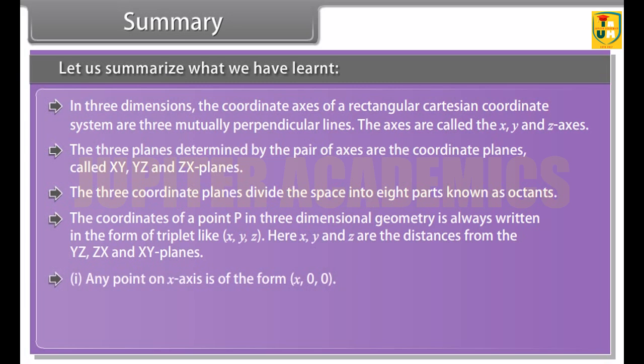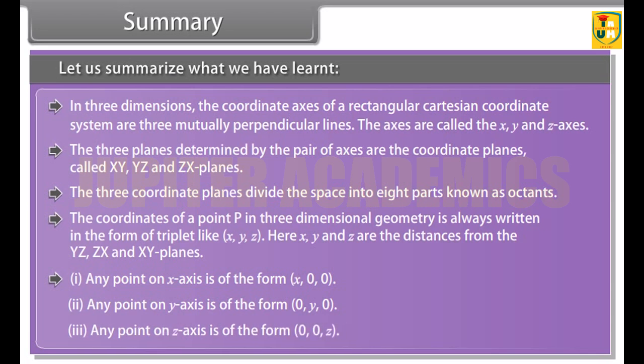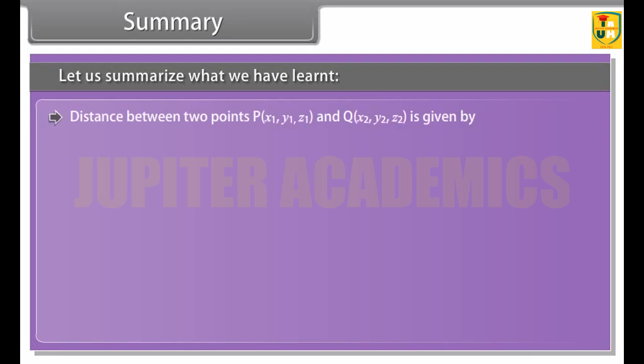Any point on the x-axis is of the form (x, 0, 0). Any point on the y-axis is of the form (0, y, 0). Any point on the z-axis is of the form (0, 0, z). The distance between 2 points P (x1, y1, z1) and Q (x2, y2, z2) is given by the distance formula.